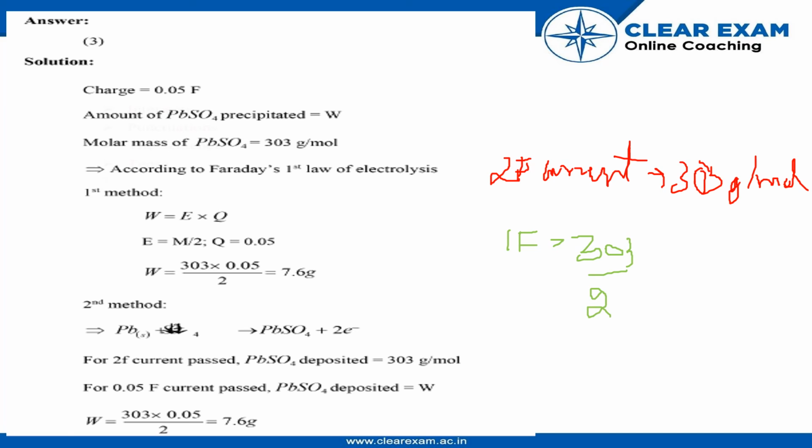In the question the charge given is 0.05 Faraday, and this is for 1 Faraday, so we can simply multiply this by 0.05. After solving this we will get the value 7.6 gram of PbSO4. So this is our final answer, which is option number 3. Thank you.